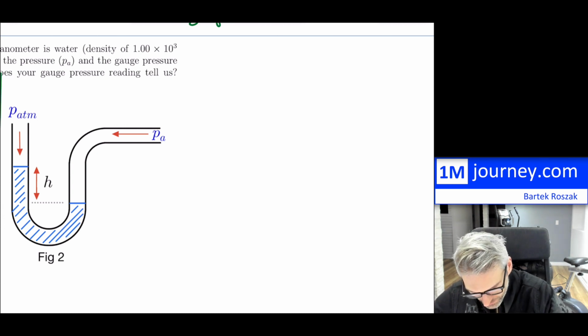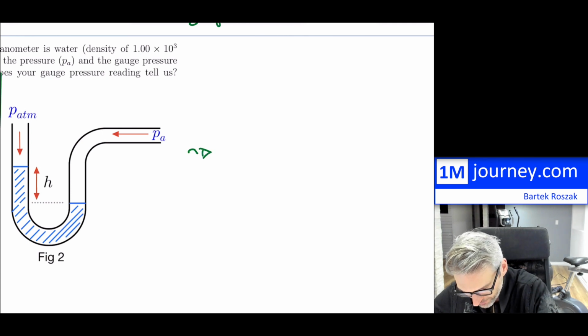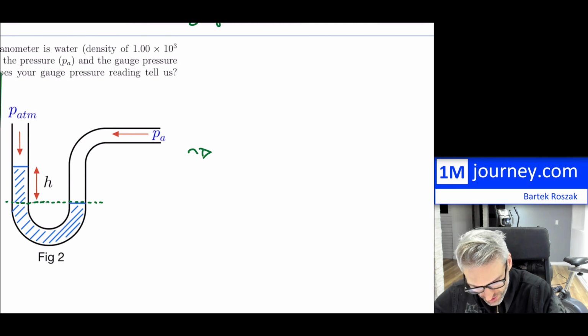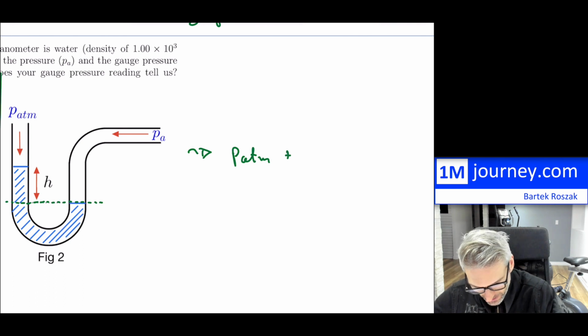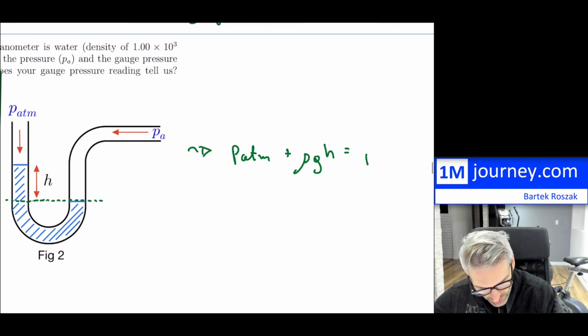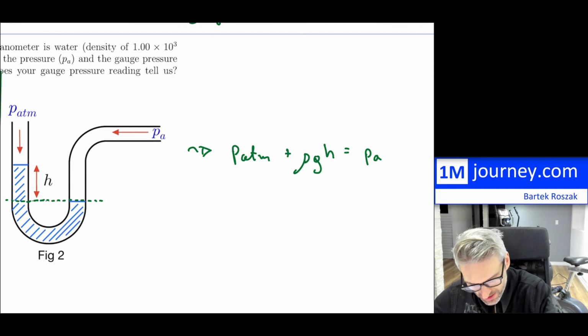All right, so if you were trying to do this, now all of a sudden, notice what is happening is the two pressures, so P atmospheric, and my apologies in there, it's going to be P atmospheric plus the pressure from the height of the fluid, which is density times gravity times the height of the fluid, equal to the PA on the opposite side, right?